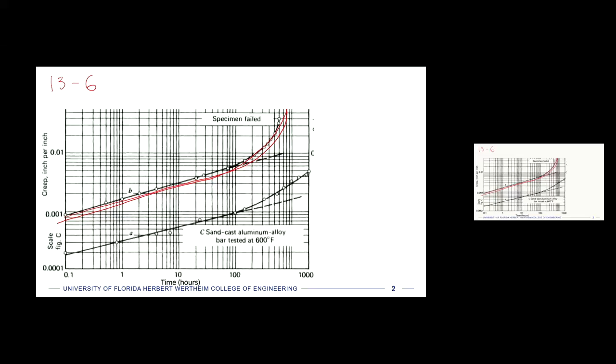So we can sort of just draw a picture, right, of a rectangular prism with a 4-inch long side and then a 1 inch by 1 inch across the bottom. And if it's under 10,000 pounds direct tensile load, the cross-sectional area is 1 inch squared, right, so that we know that the load is 10 KSI. Okay, so that's the setup for the problem.